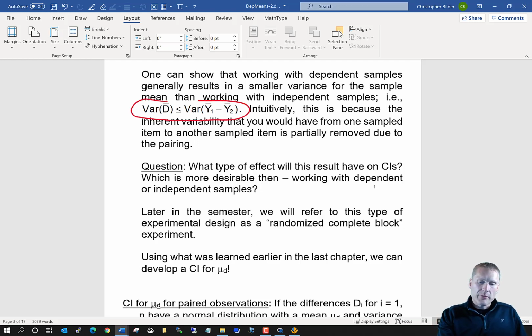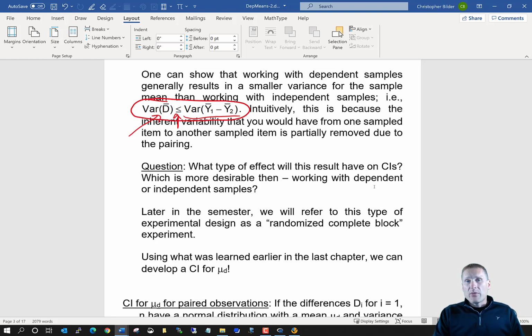One can mathematically show, and again, you would do this in a mathematical statistics course, that if we think of a random variable capital D for these differences, and D bar is the random variable version of that sample mean, the variance of D bar is always going to be less than or equal to the variance of y bar 1 minus y bar 2, if we were to consider these samples independent of one another, like we did in our previous set of notes.